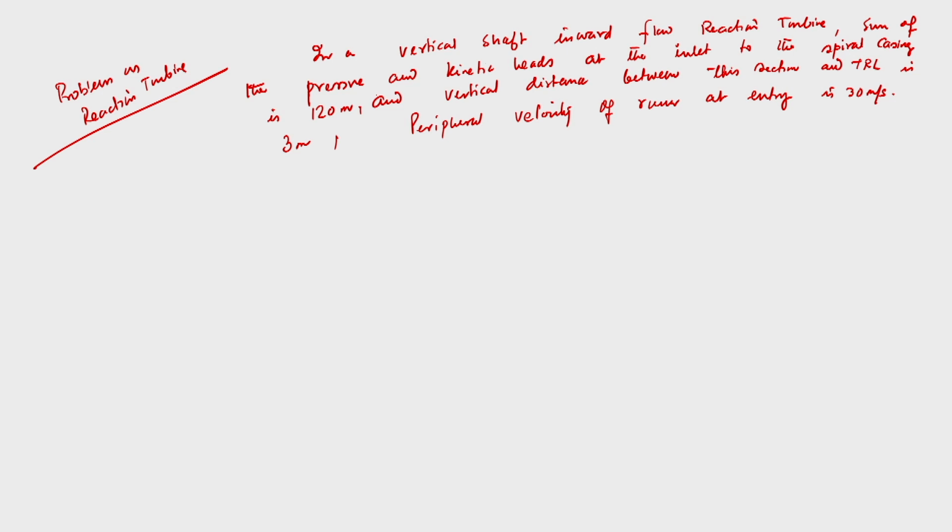The radial velocity of water is constant, and that is 9 meter per second. Discharge from the runner is without swirl.